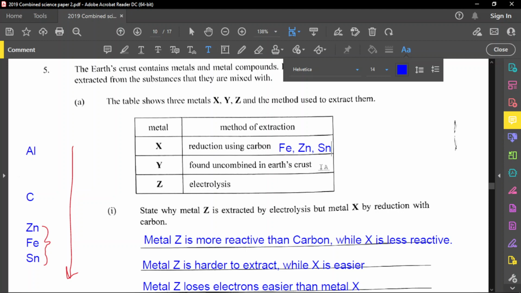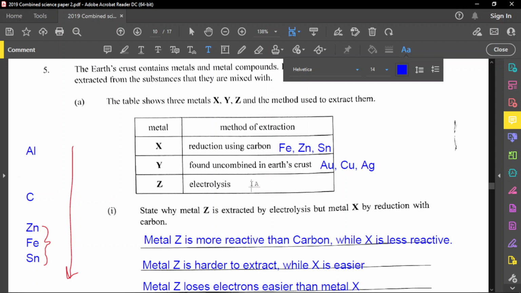And found uncombined in the earth, you have a number of metals as well. So I'm going to give you the possible options you could put here: gold, which is Au, copper, which is Cu, and also silver, which is Ag. Any of those can be separated from the earth because they're uncombined, which means they're just in a natural form. And electrolysis is generally aluminum.